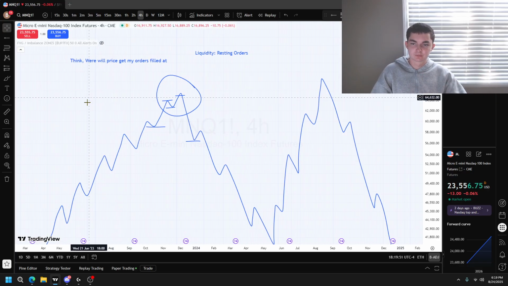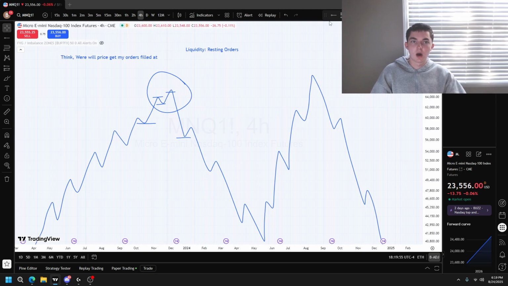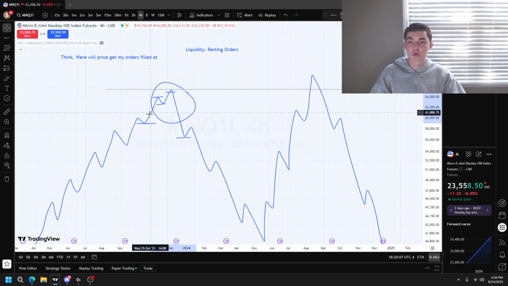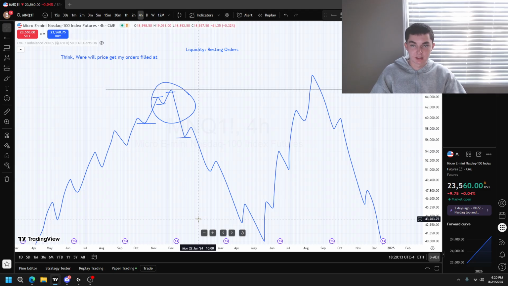They see all this reverse here, and they think, obviously I would want to go short right here, because this would be the best place to get in short. This is where everybody's short orders got filled, and then it sent price down.